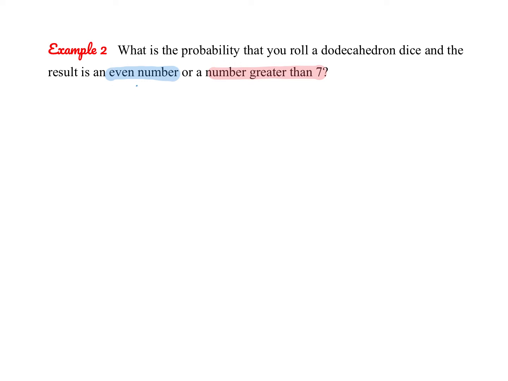So let's call this event A and let's call this event B. So to find the probability of A or B, again, since there are some overlapping events because you can be both even and greater than 7, we have to find the individual probabilities and then we have to subtract the overlap, so where it's both A and B, to eliminate the double counting that occurs there.